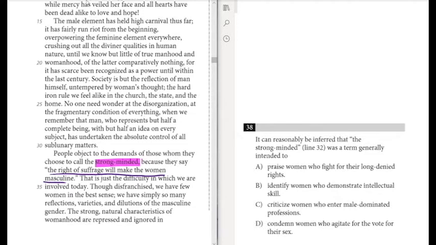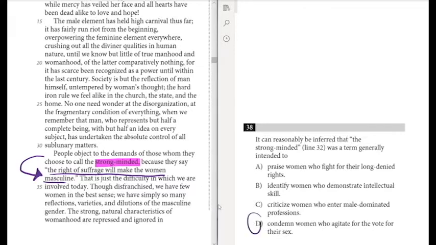That is just the difficulty in which we're involved today. Though enfranchised, we have few women in the best sense. We have simply so many reflections and dilutions of the masculine gender. So it's getting further into the argument about femininity versus masculinity. But right after the phrase strong-minded, we see that it's the right of suffrage that's going to make women strong-minded or masculine.